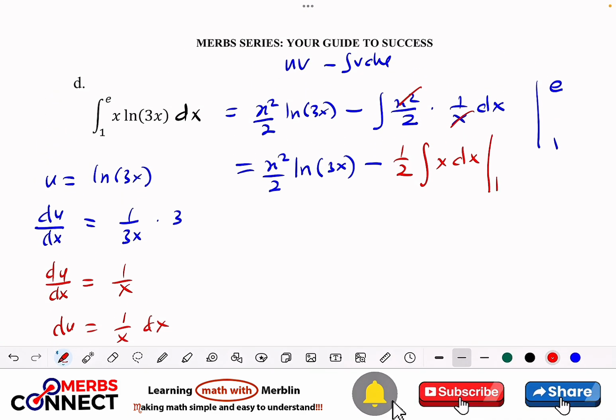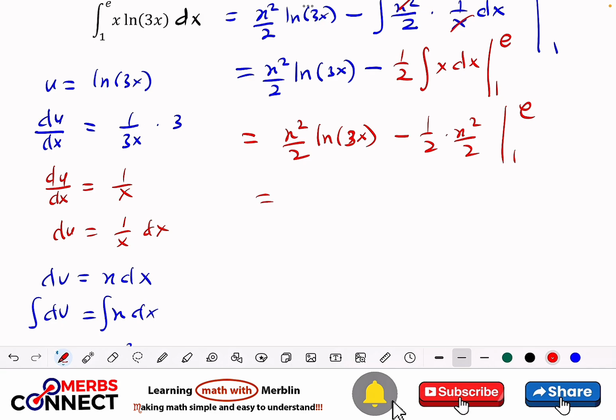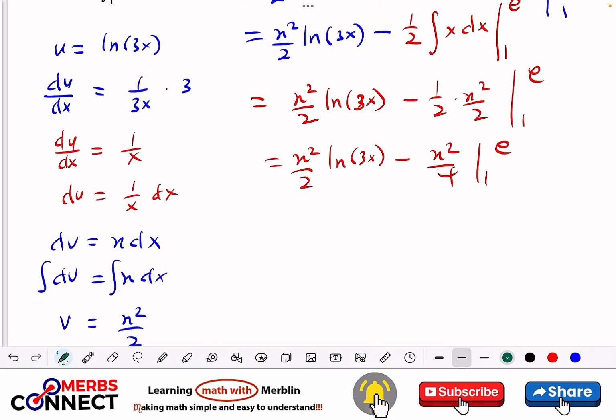Then integrating from 1 to e, because this is definite, x squared over 2 natural log of 3x minus 1 over 2. When I integrate x, I'm going to have x squared divided by 2, from 1 to e, so this is x squared divided by 4, from 1 to e. So all we just need to do is plug them in.